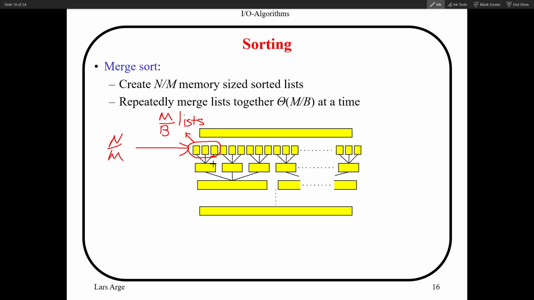I merge all of them into one bigger list. Similarly, I do the same thing with the next M over B lists, and so on. Merging all of these lists takes essentially scan time, because I just read and write every block a constant number of times. So this merging step in total will take O of N over B IOs.